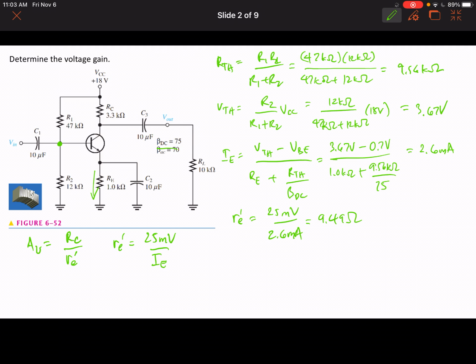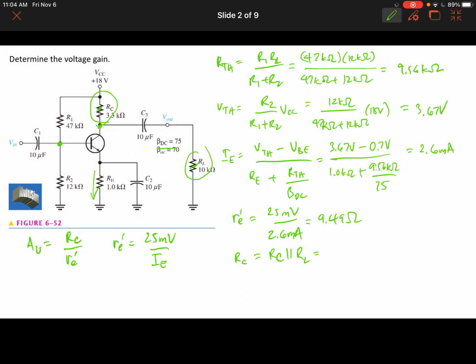Now that we know that, we can solve for RC. This is small c, and this RC is the equivalent resistance of this and the load resistance, because at this point the AC voltage sees this resistance and this resistance. So RC is just the parallel equivalent of RC and RL.